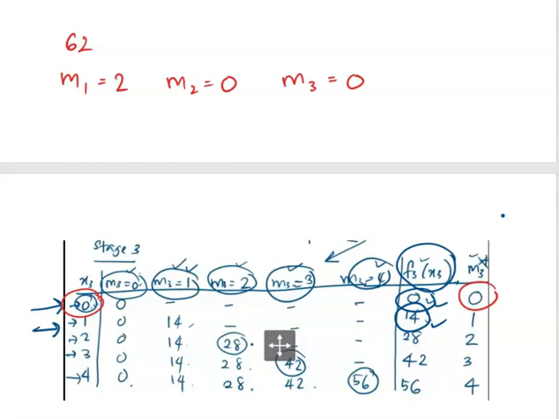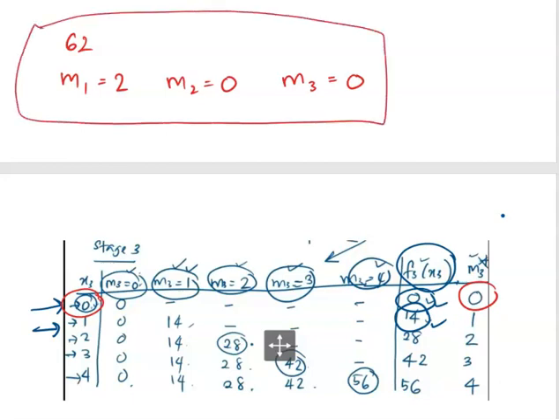So basically this is our maximum solution. It means that you have to choose 2 units of item 1, 0 units of item 2, and 0 units of item 3. In this case, you will have 62 as your maximum return.